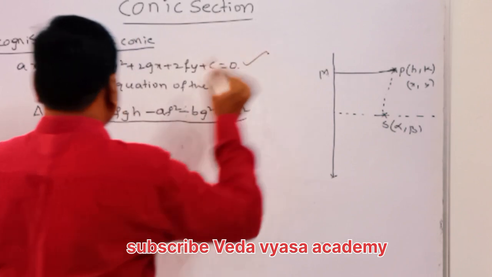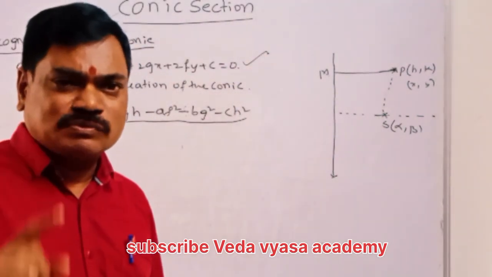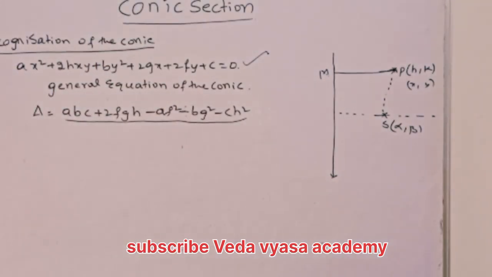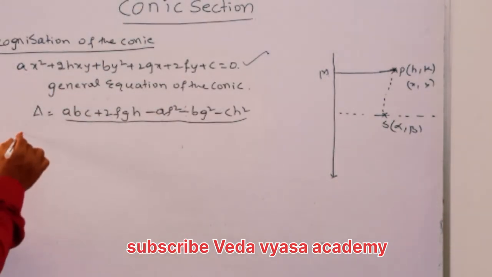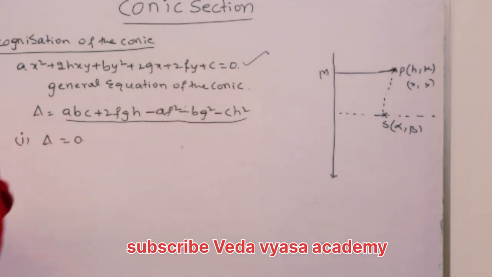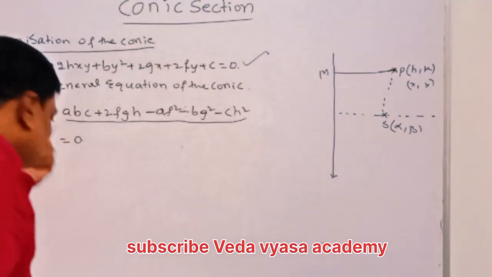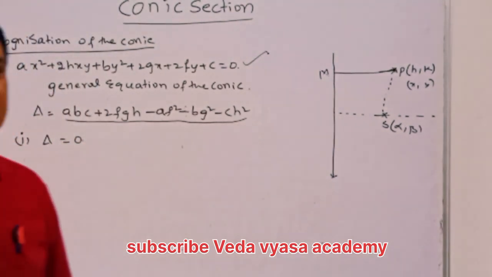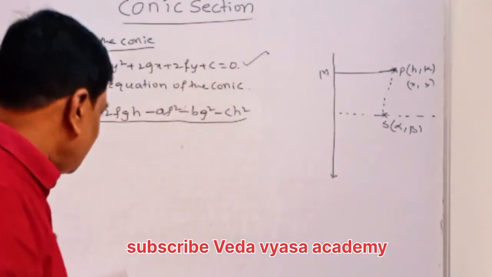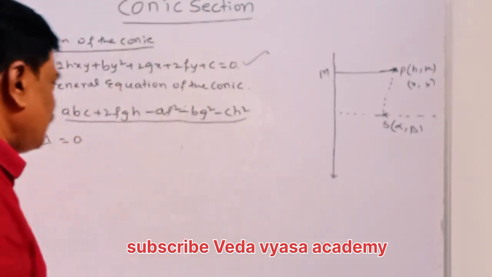The equation ax square plus 2hxy plus by square plus 2gx plus 2fy plus c is equal to 0. In this, case 1: if delta is equal to 0, it is a straight line or pair of straight lines.